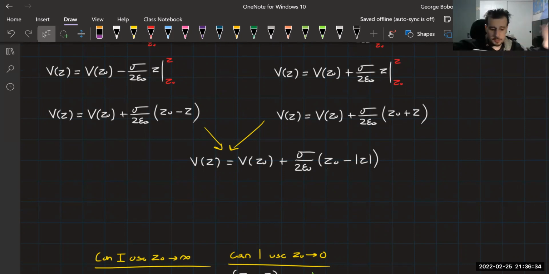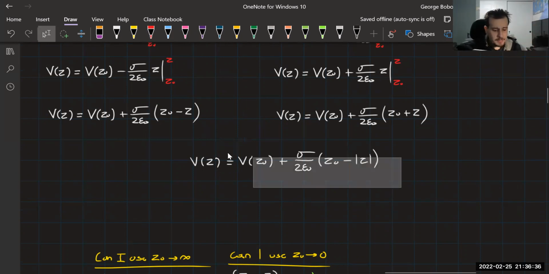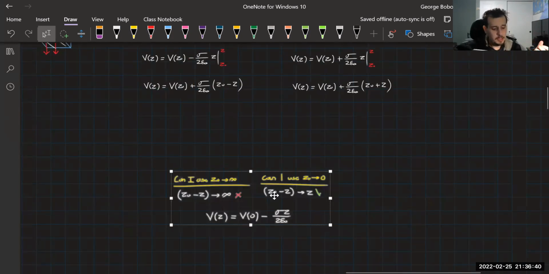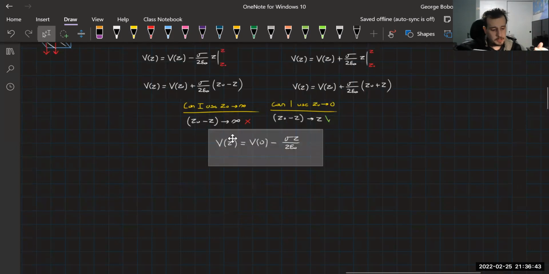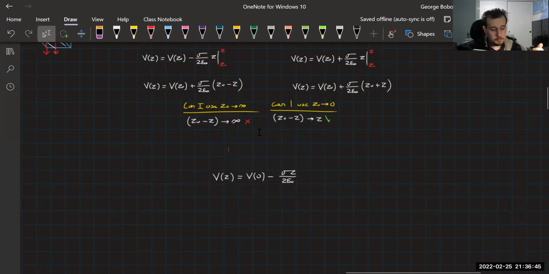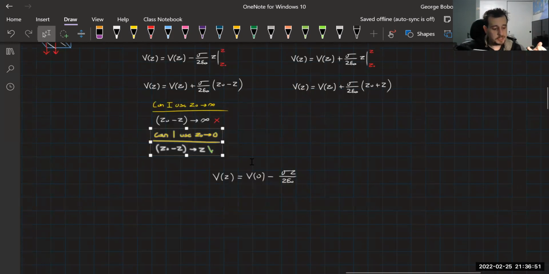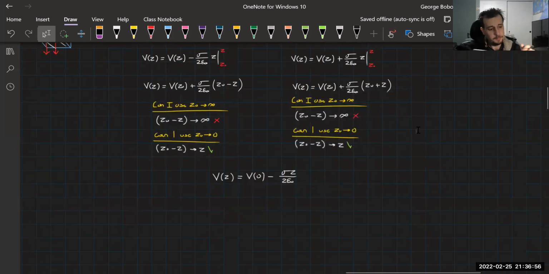But even if you don't see this during an exam, just ask yourself, can I use these? The left one, the 0, worked. Obviously for the right one, the same stuff will work too. If I do the right one, I'm just going to get plus z instead of negative z. That's the only difference, and everything else is the same.